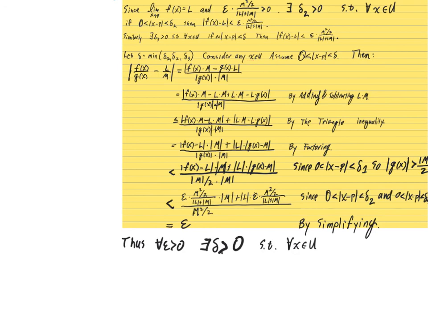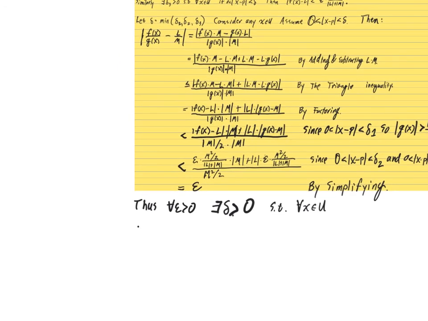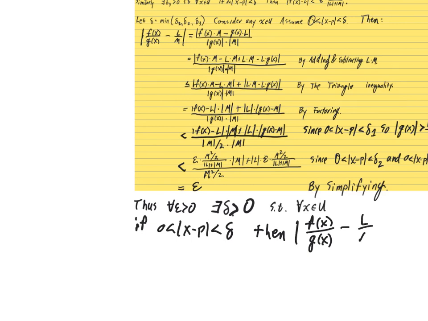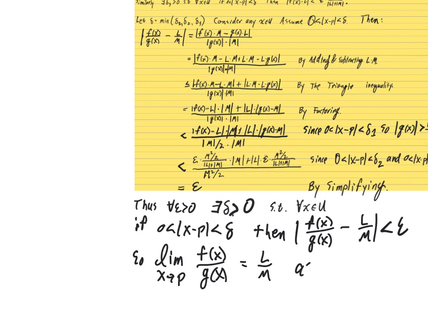Yes, right there. If 0 is less than the absolute value of x minus p is less than delta. I assume that 0 is less than the absolute value of x minus p is less than delta. So that's definitely an if in an if-then. Then, absolute value of f of x over g of x minus L over m is less than epsilon. So, the limit as x approaches p of f of x over g of x is equal to L over m as we claimed. Cool.